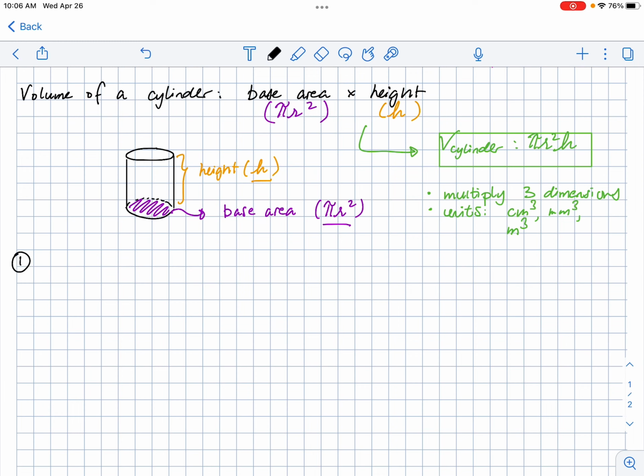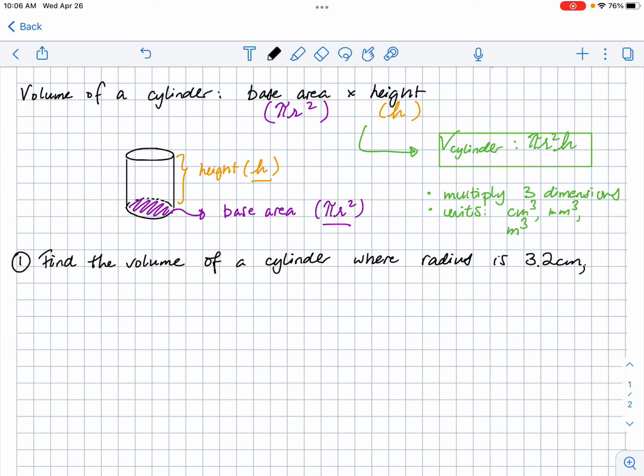So what you're going to do is you're going to find the volume of a cylinder where the radius is 3.2 centimeters.